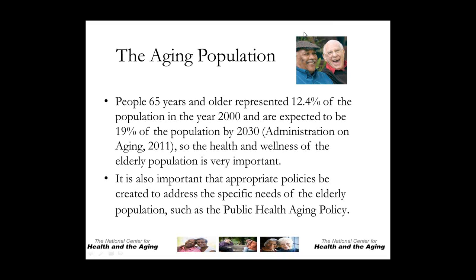And so you have more minority populations and other underserved communities within the elder population. It's also important to address specific needs in this population, such as public health aging policy. So addressing those policies that will affect older adults and planning for those changes.